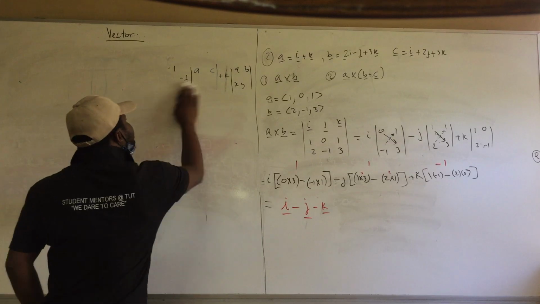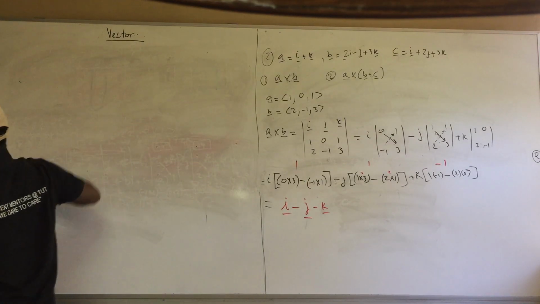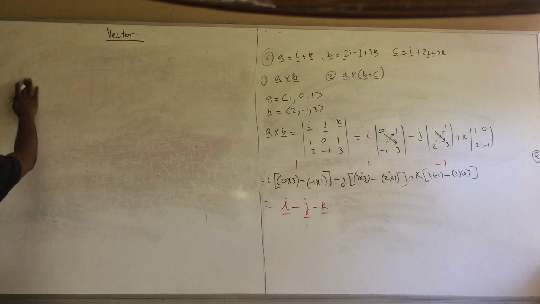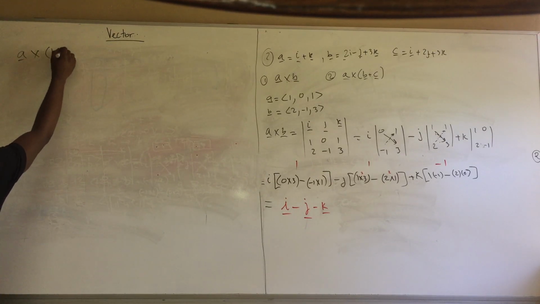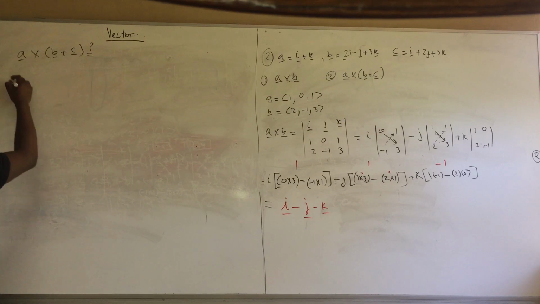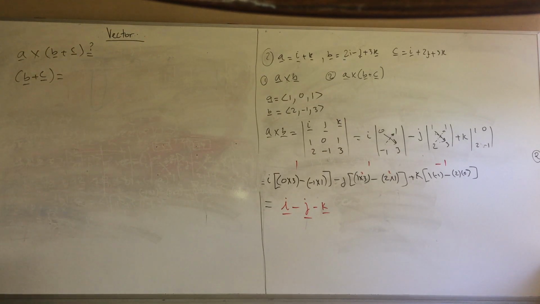The first thing to do is to find vector B plus vector C. I'm having vector A cross vector B plus vector C. So my number one step will be to find B plus C. What's my vector B?